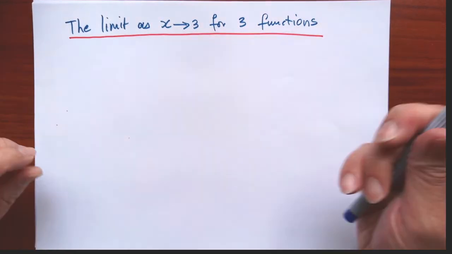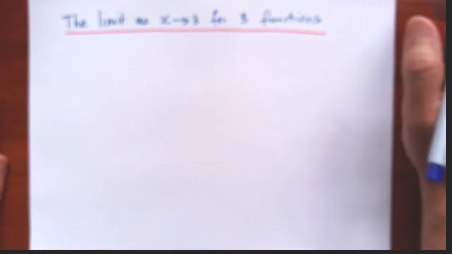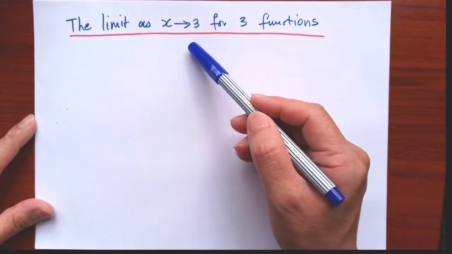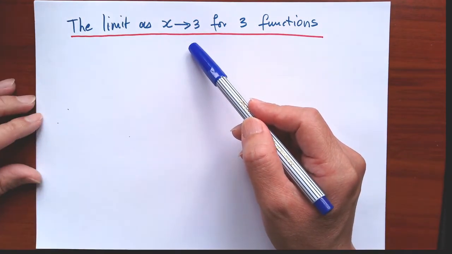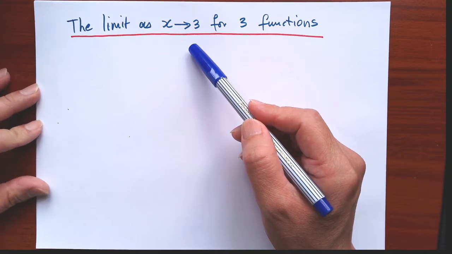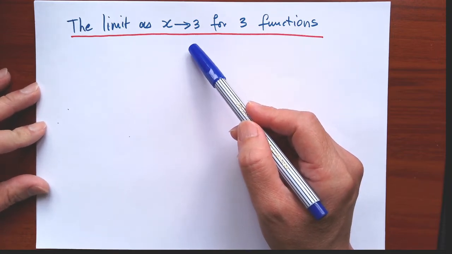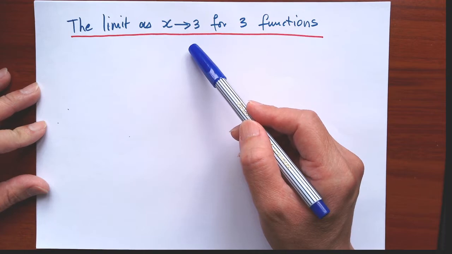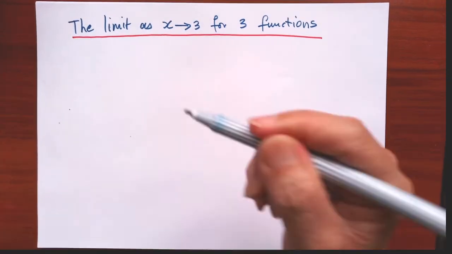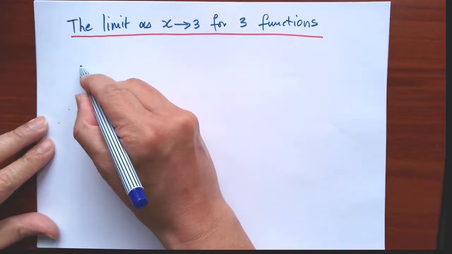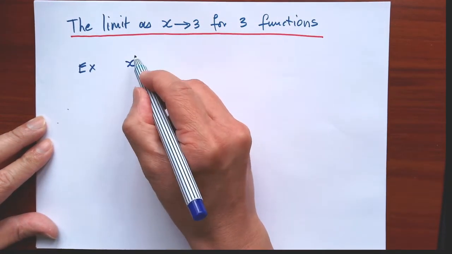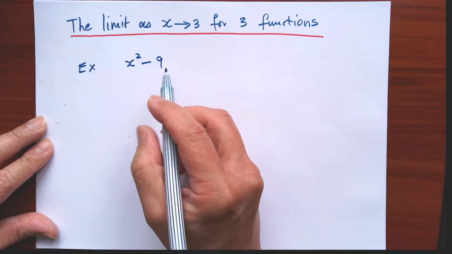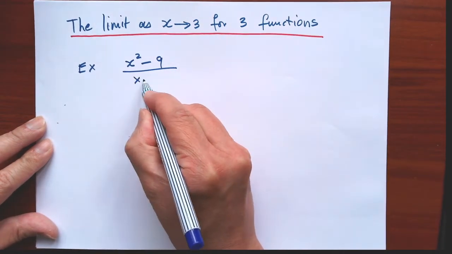I would like to evaluate the limit as x approaches 3 for three functions which look a little bit similar and see how they behave. The first example is (x squared minus 9) over (x minus 3).